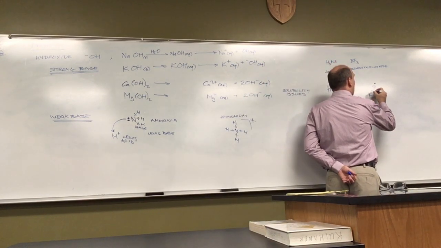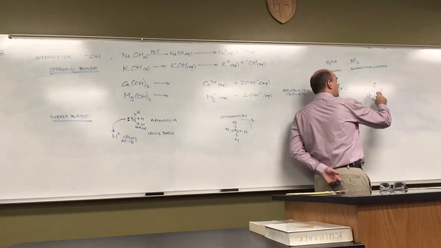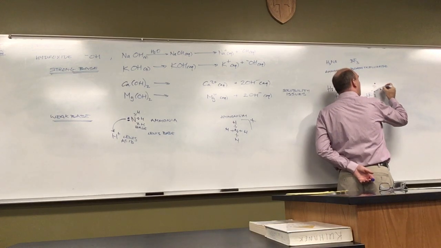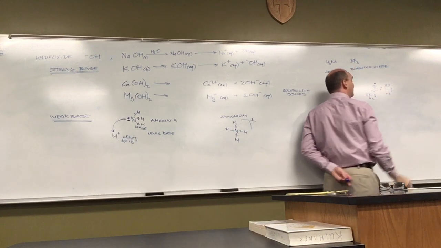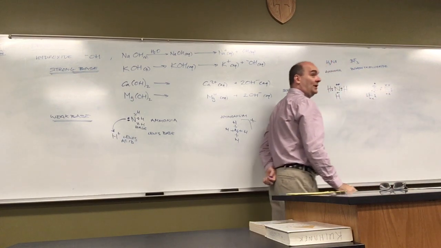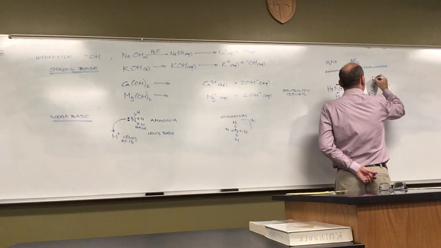Here's a fluorine, and the fluorine is in group 7. And so by making one covalent bond, it satisfies its octet rule need. So here's the BF3.